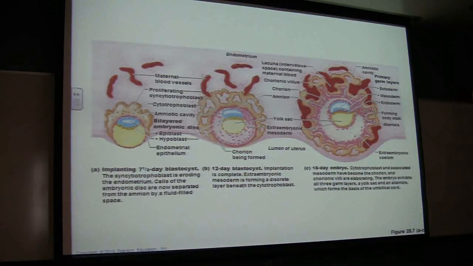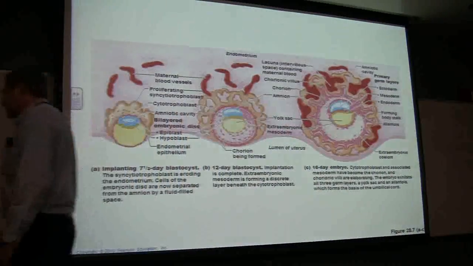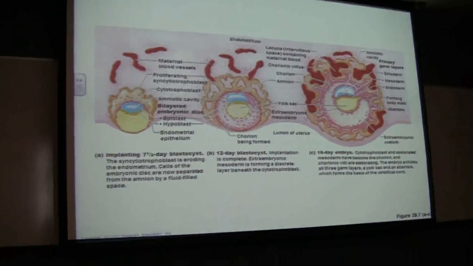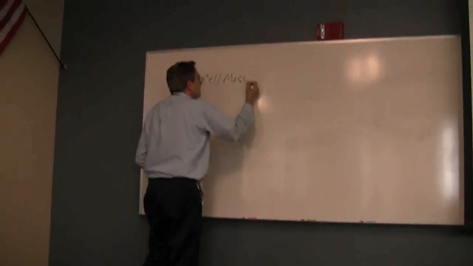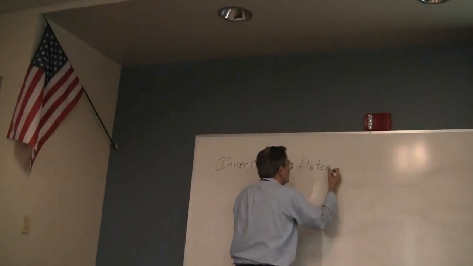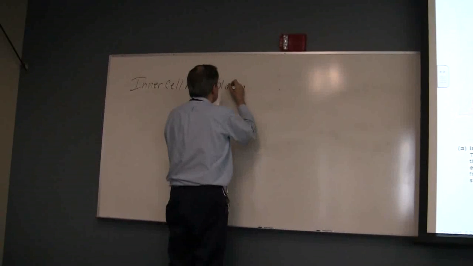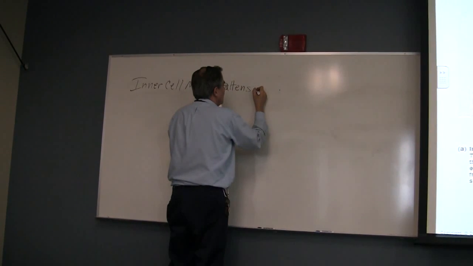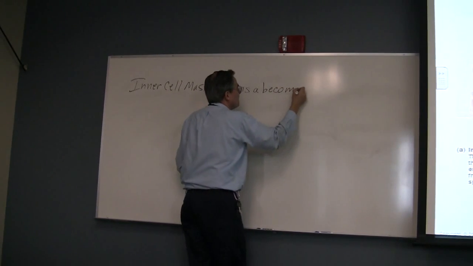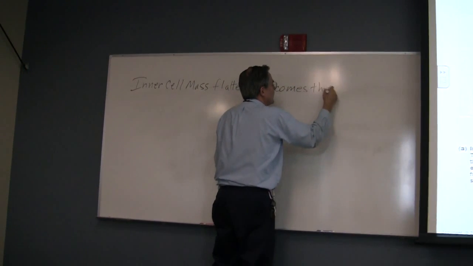So again, this inner cell mass flattens and becomes an embryonic disc.